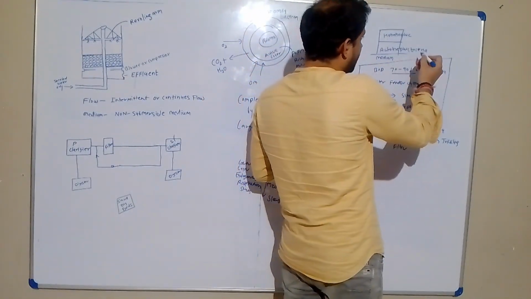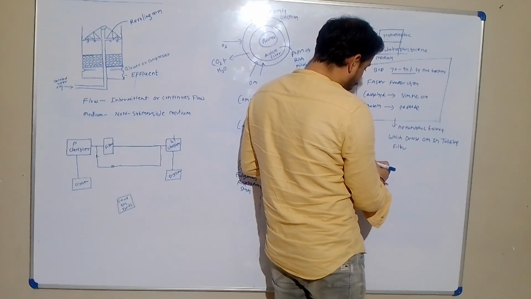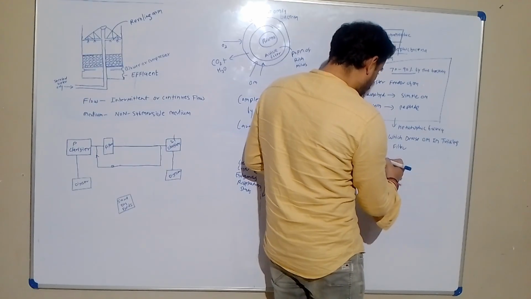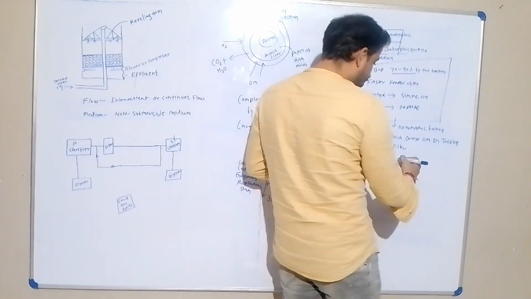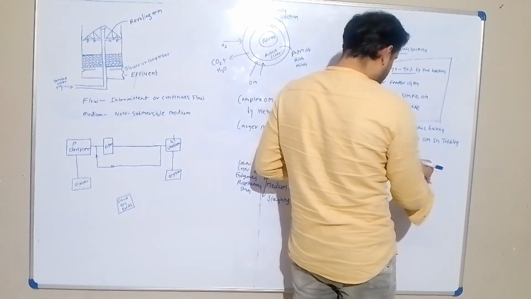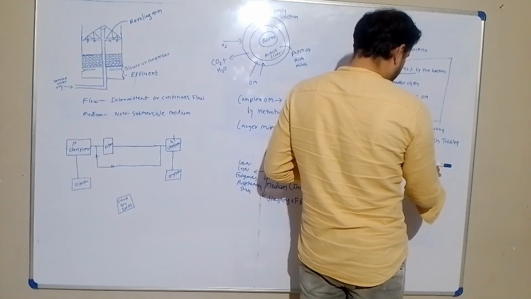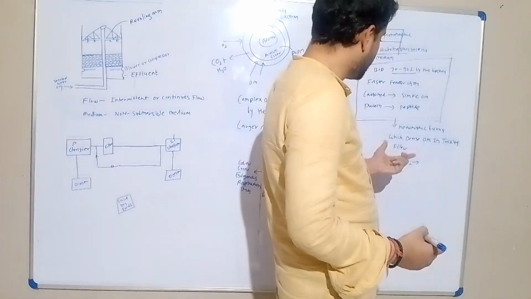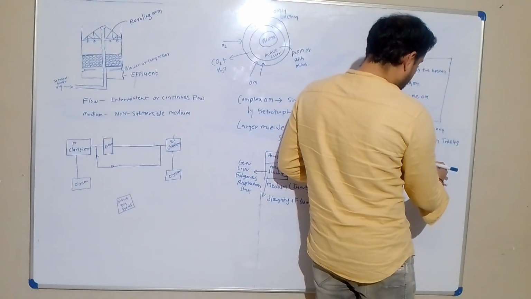The autotrophic bacteria convert the inorganic form, like carbon dioxide. They use the inorganic form as a food source.